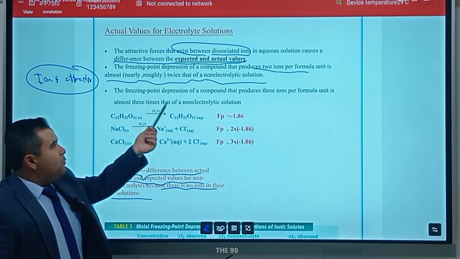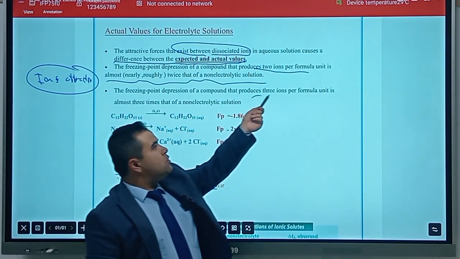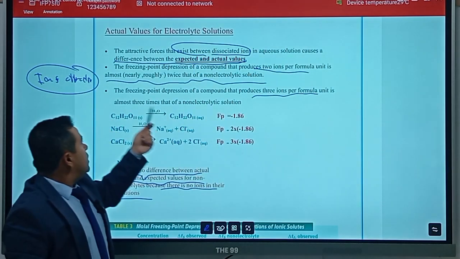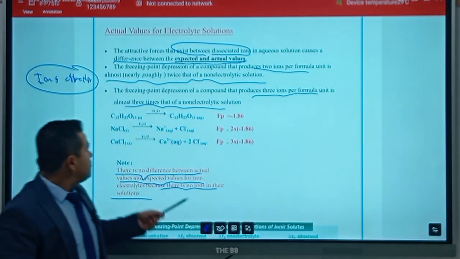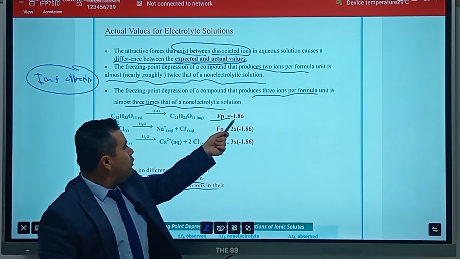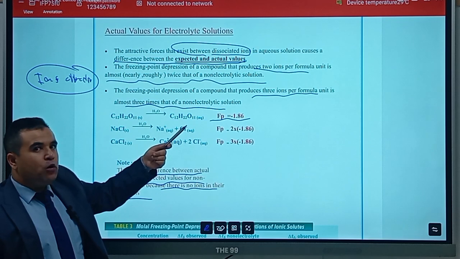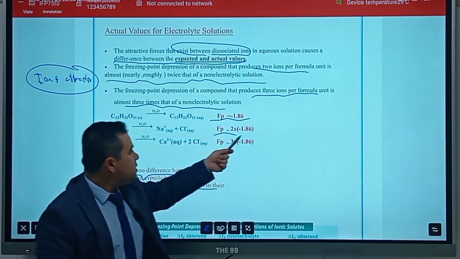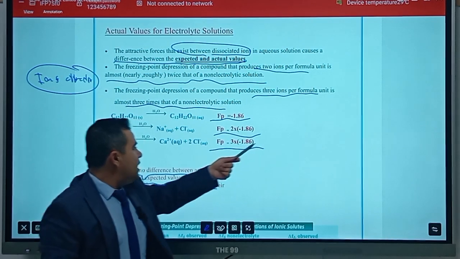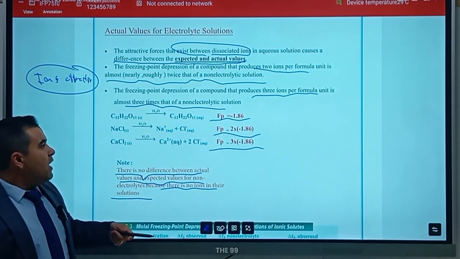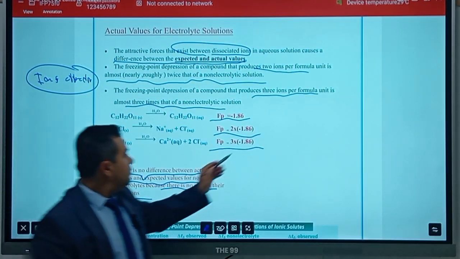The same, the freezing point of a compound that produces three ions is almost 3 times that of a non-electrolyte solution. For example, the freezing point of sugar is minus 1.86, for NaCl is minus 3.72, for CaCl2 is minus 5.58.